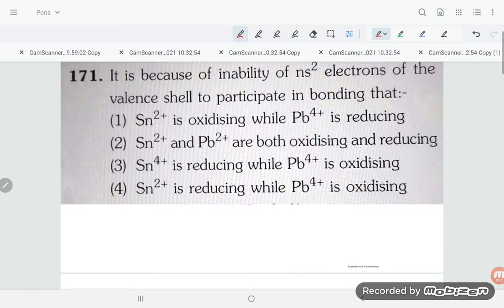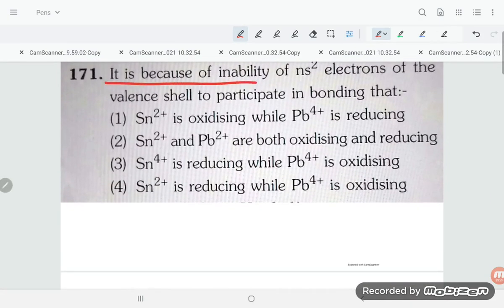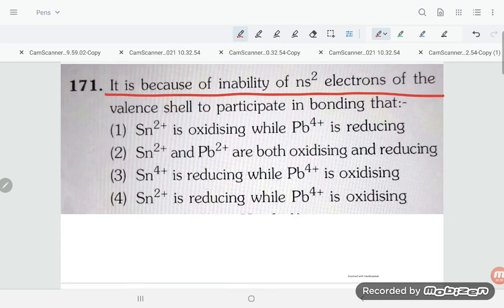171. It is because of inability of ns2 electrons of the valence shell to participate in bonding. Because of ns2 they do not participate in the bonding. So that is called inert pair effect, dear student.